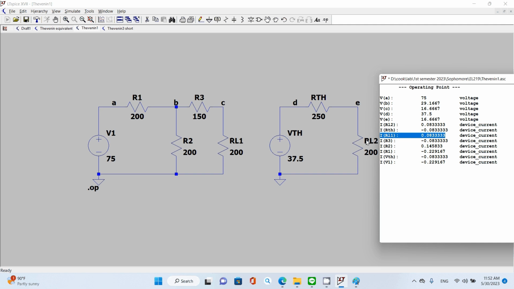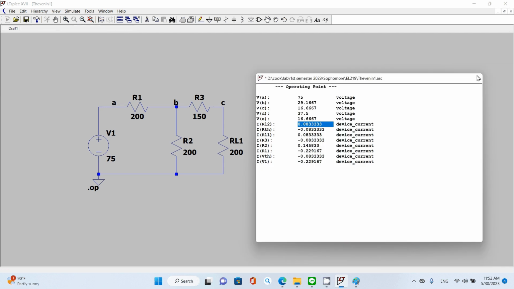And the current flowing through the load from our Thevenin equivalent circuit, RL2, is also the same, 0.0833. So you did it right. And that's the conclusion of how you work on a Thevenin equivalent circuit.